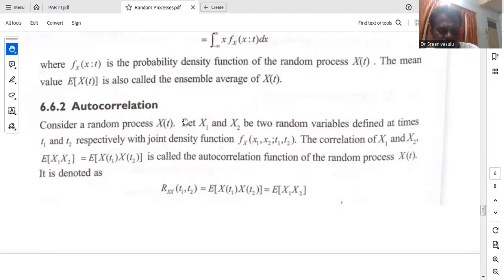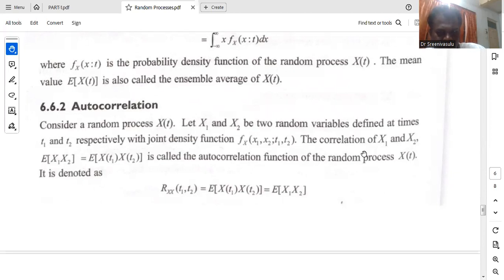Whenever we are considering two random variables, we go for the joint probability density function. I write this joint probability density function as fX(x1, x2; t1, t2). This t1 is related to x1, t2 related to x2. So it is the joint density function for the two random variables of the random process.